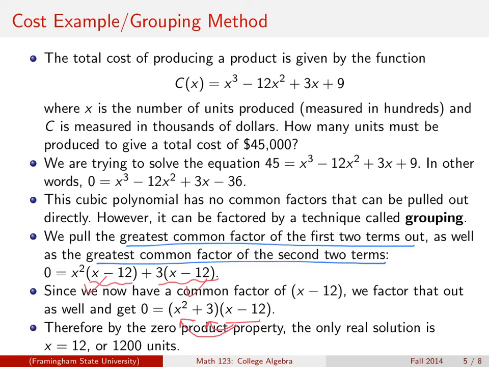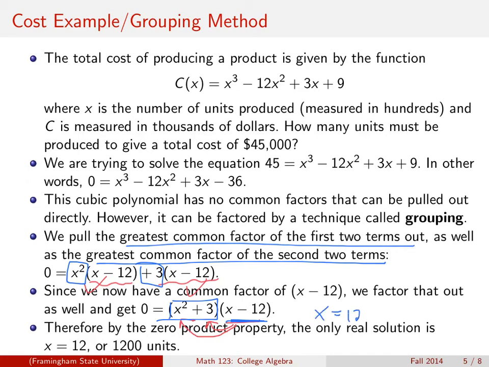So we are actually able to factor this successfully, and this is factoring by grouping. Notice how the common factor was written out, and then the x squared and the plus 3 were written out right here. So factoring by grouping, it's kind of a neat trick, but every once in a while it can be very, very helpful.